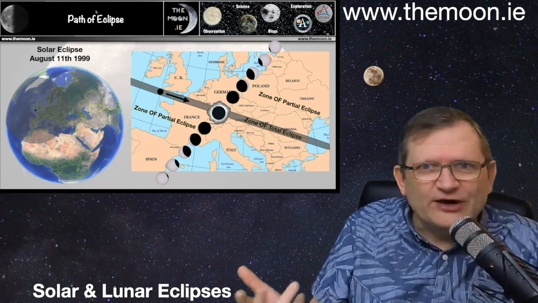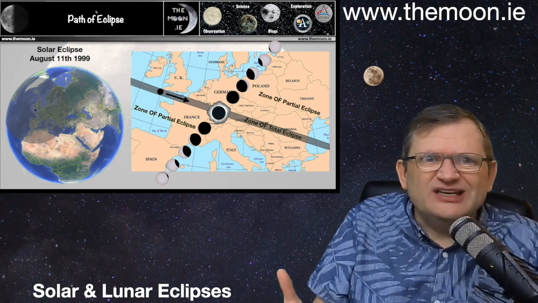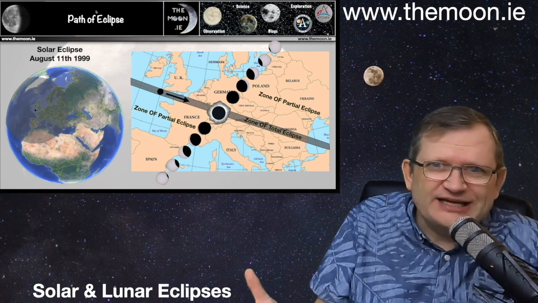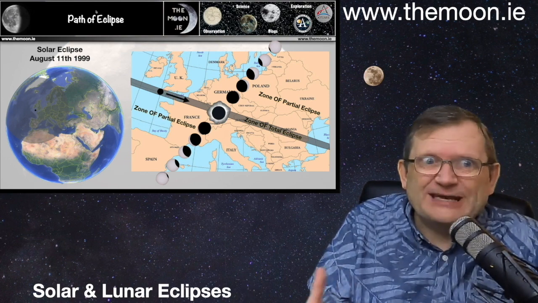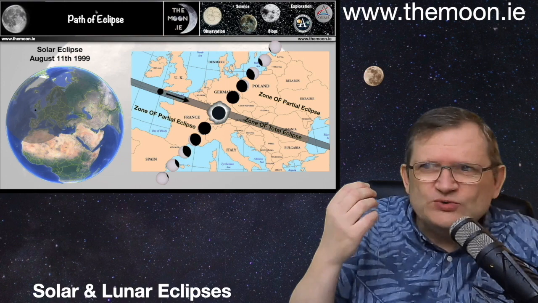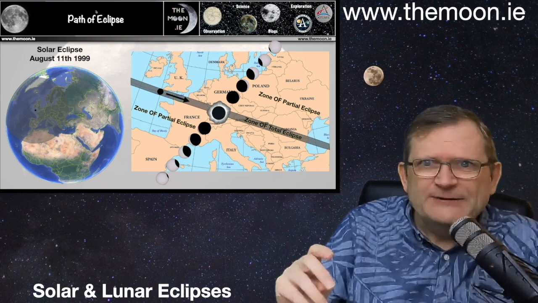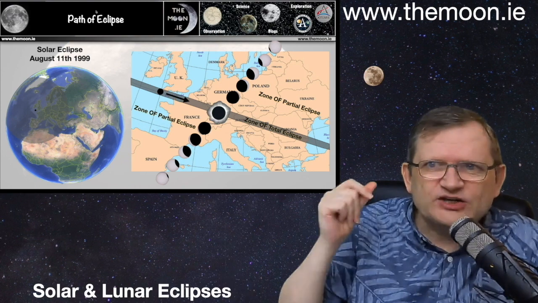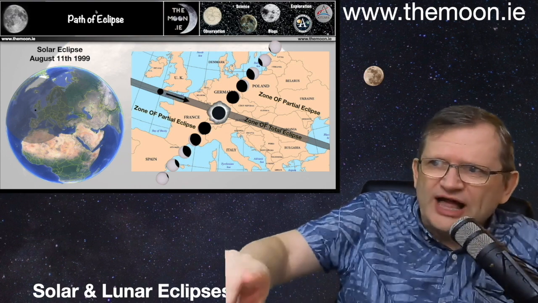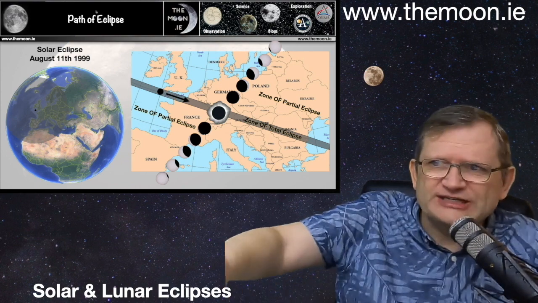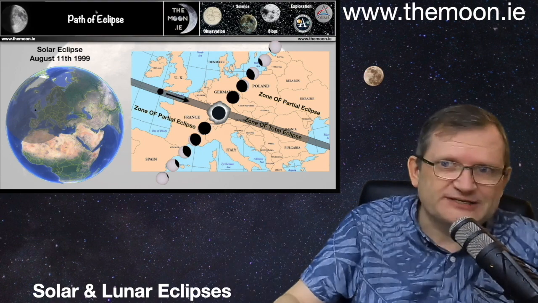If you weren't looking up, if you weren't paying attention, it would just be like a cloudy day. It wouldn't be exceptionally dark. But as soon as the sun is cut out, as soon as the moon moves right in front of it, it's like switching off the light and it goes very, very dark. So anywhere where you have a zone of partial eclipse, it never gets very dark.